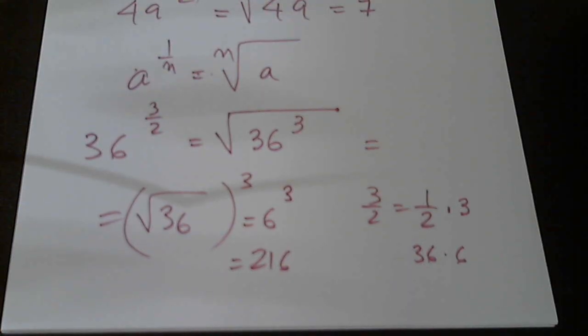Okay, so I'll stop. I just want to show you with a graphing calculator, regardless of how you like to do it, how I like to do it. 36 caret, and in parentheses the power 3/2. And we have to get the same answer. If we don't, something is wrong. Okay, so take your break now.